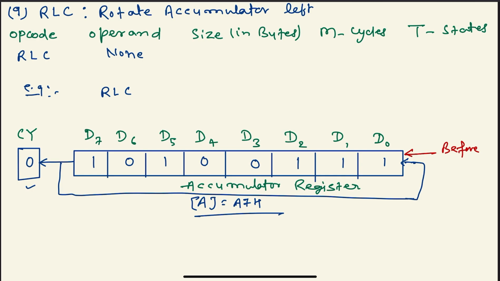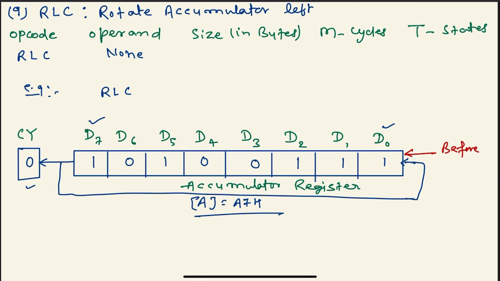Now if the microprocessor executes this instruction, what will happen? The D7 bit will update D0. It means the entire content of the accumulator is shifting 1 time left, and the D7 bit value is going to update the carry flag as well as the D0 bit.